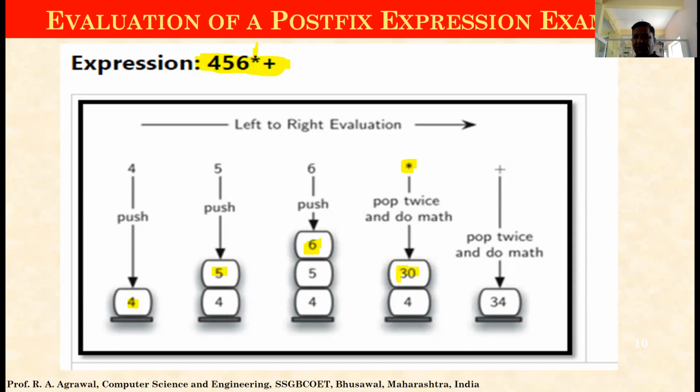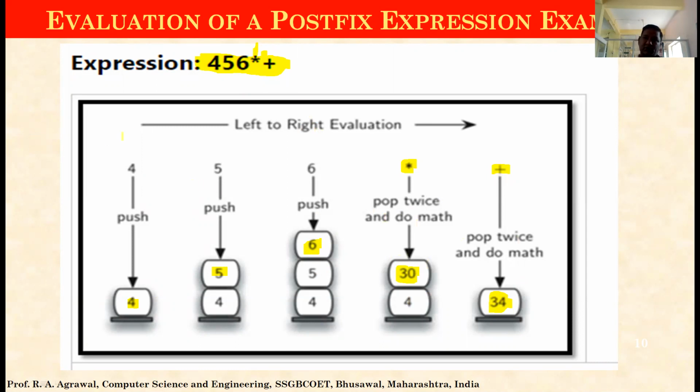The result after multiplication of B into A is 30, and that result is pushed back on the top of the stack. The last operator encountered is plus. So 4 plus 30 will give you 34, and that is the result obtained after evaluation of the postfix expression.